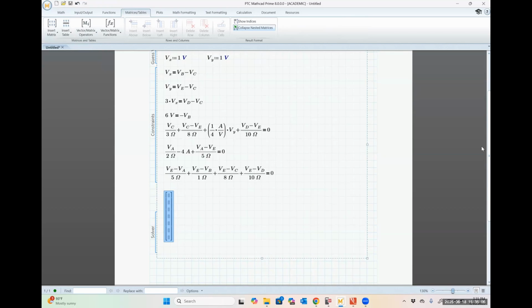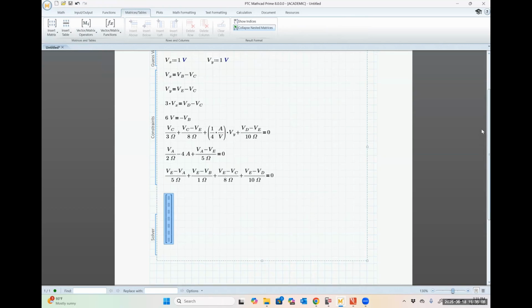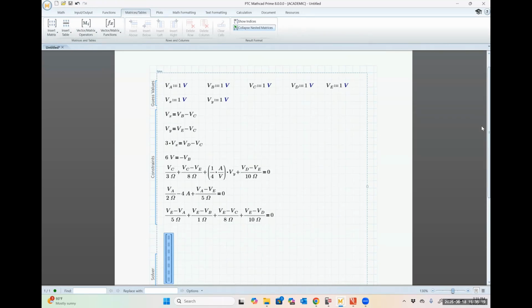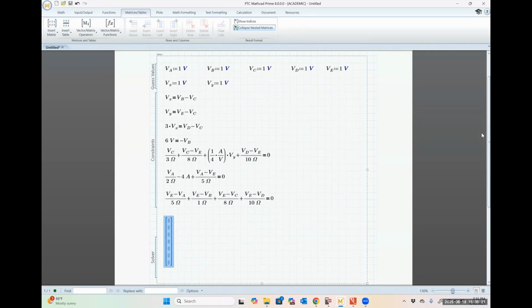For what it's worth, if I have 7 variables declared up here, I have to solve for all 7 of them at the same time. If I tried to only solve for my nodal voltages VA through VE, it would wind up giving me an error.